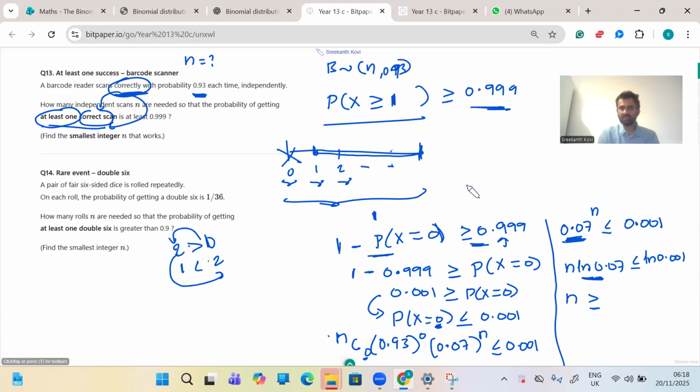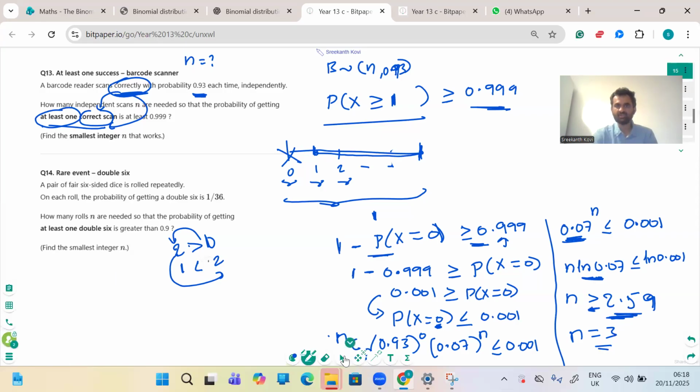If you do that, you'll get 2.59. N is the number of trials. You cannot have a decimal number of trials. You cannot scan a decimal number of items. It has to be 2 items or 3 items, but it should be greater than this decimal. So n is equal to 3. This is how you do it to get the full marks.